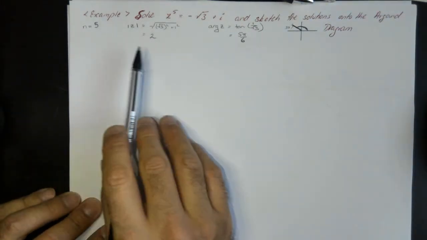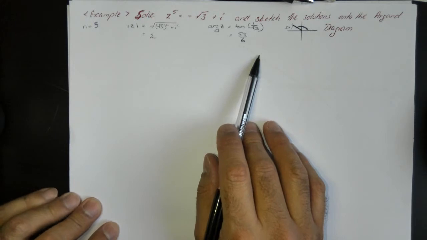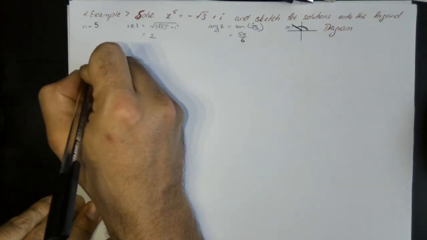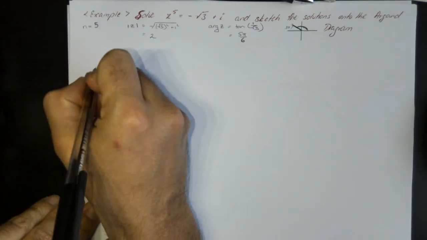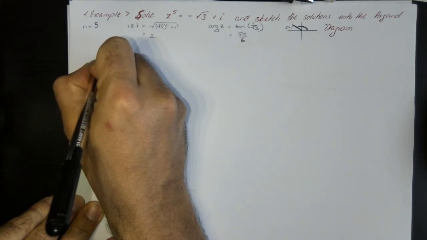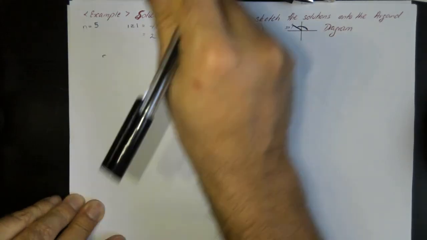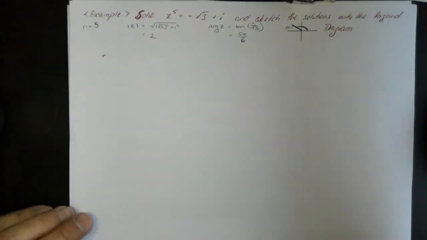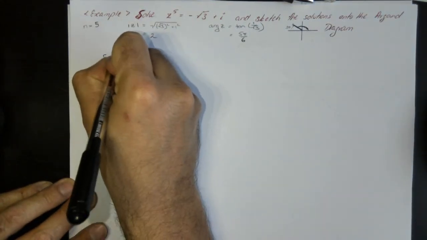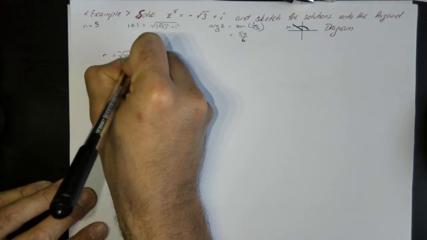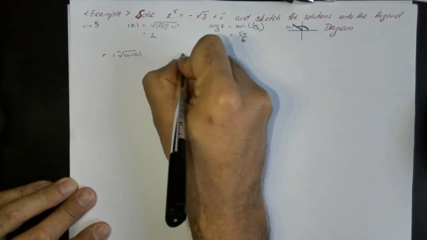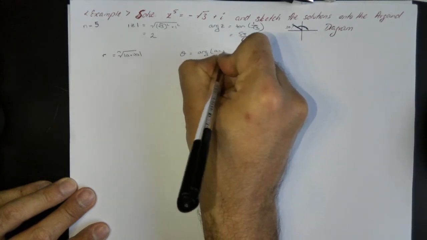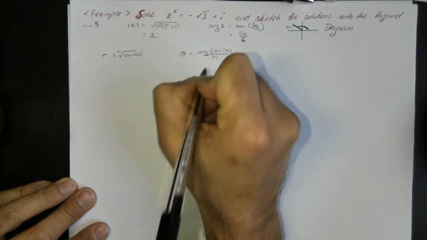Okay, so they're the first three things I need to find out. Okay, from here I can now find out where my other roots are. I want to find my r. So using these formulas here, r is going to be the nth root of the modulus of a plus ib, and theta is going to be the argument of a plus ib over n.